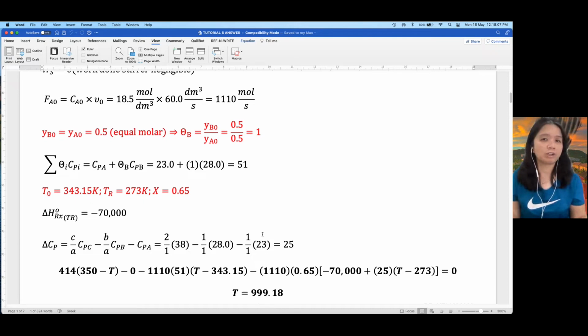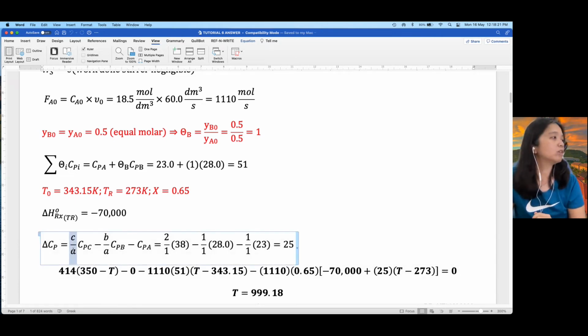And in the concept of reaction, it's always positive for the product and negative for the reactant. So the same concept applies. And again, delta CP will have to include the ratio of the stoichiometric coefficient.